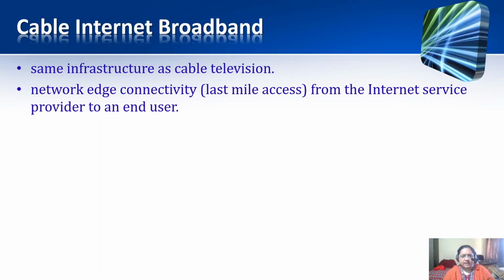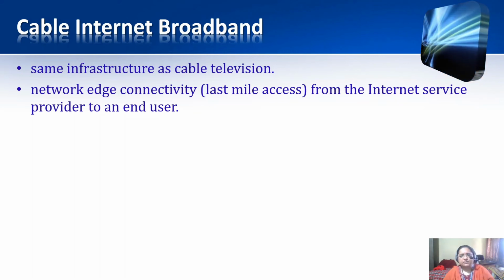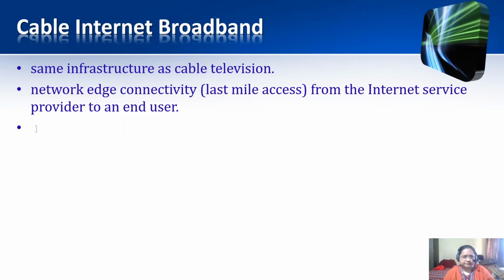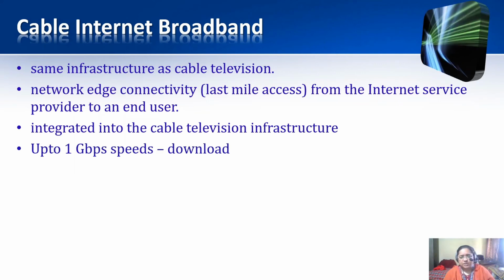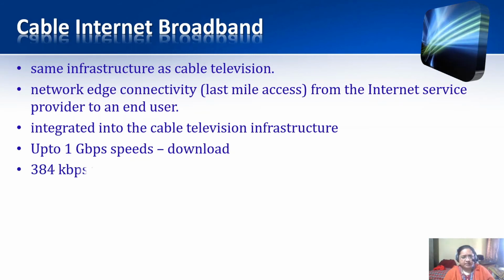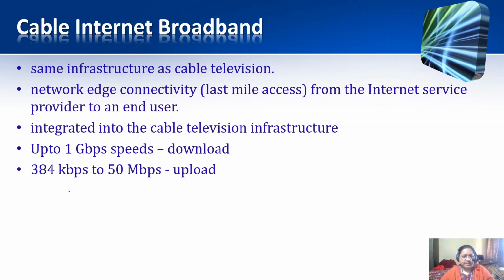Network edge connectivity, that is last mile access from internet service provider to an end user, is integrated into the cable television infrastructure. Up to 1 Gbps of download speeds are provided, and upload speeds are 384 kbps to 50 mbps, but it is quite expensive as compared to DSL.